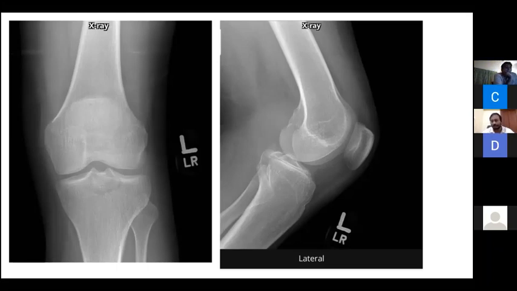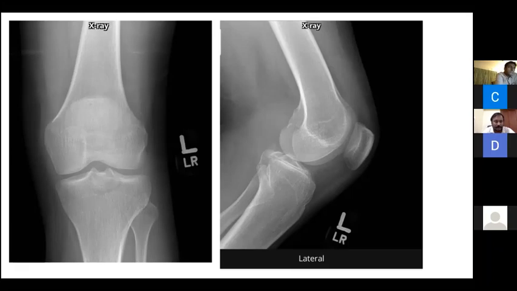So closed reduction and fixation is probably not the best idea. Although some people do suggest that. So I would do an open reduction, fix the fracture. How do you fix this fracture? So we can use either 1 or 2 partially threaded screws with the washer, depending on the size of the fragment.